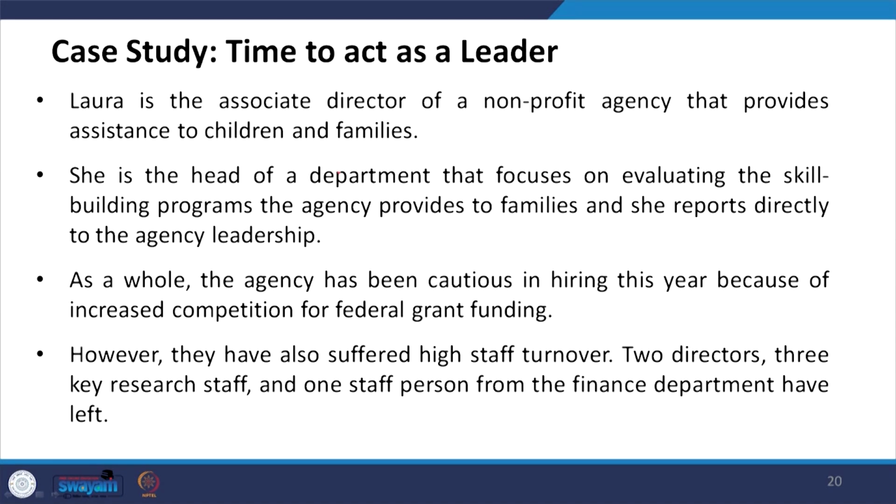Now, where she was working as head of the department, employee turnover was becoming a very important issue, and as mentioned, the finance people who were working in this organization have already left.